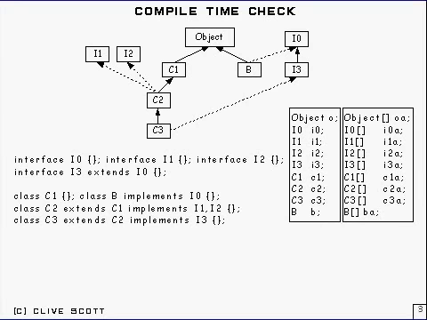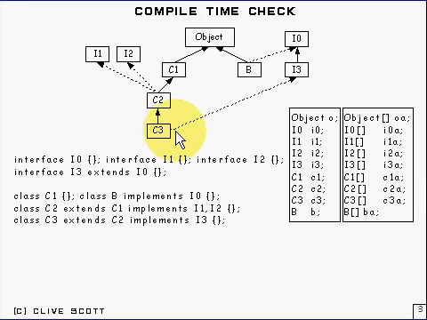Let's consider the sort of checking that goes on at compile time by the compiler, and let's imagine that we've got this sort of setup here. We've got C1, which extends Object, and B1 extends Object and implements I0, and interface I3 extends interface I0, and so on.